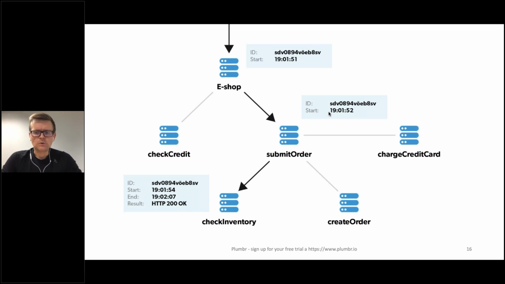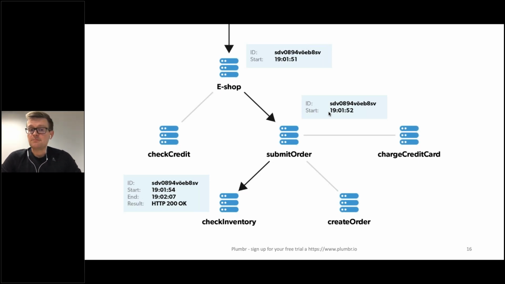And now each node participating in this distributed trace registers the time when the request arrives at the boundary of this node, and also registers the end timestamp, as seen in the last node in this trace, the check inventory node. As seen, checking the inventory took 13 seconds. And it also registered the end result.